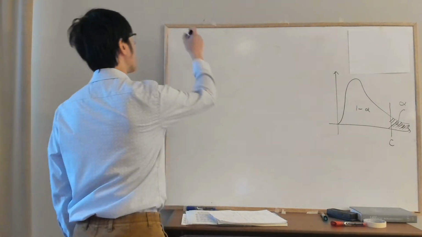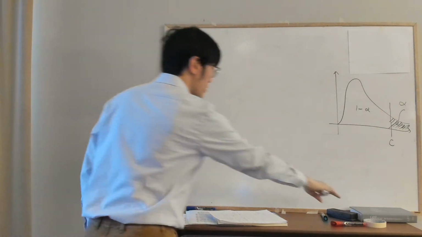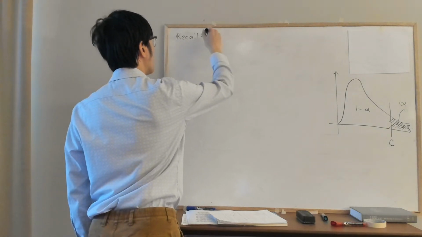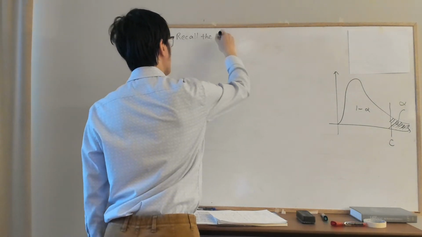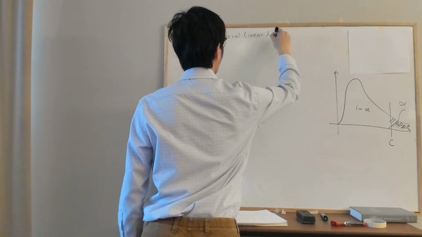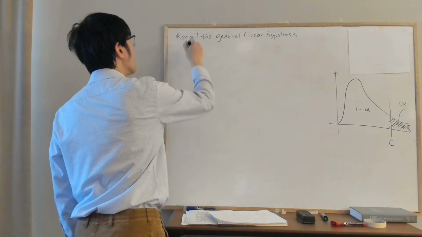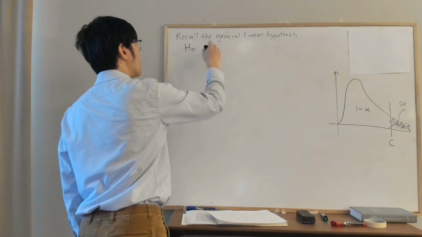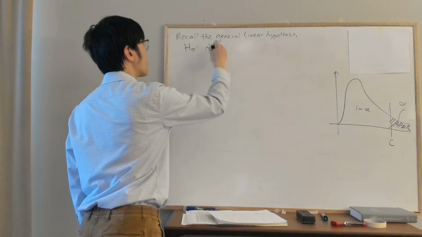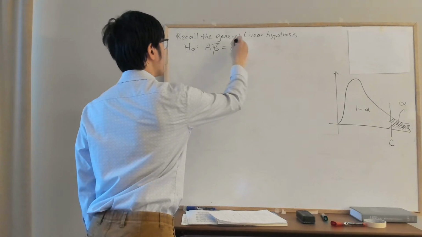So recall this hypothesis that we discussed right before the break, the general linear hypothesis. Null: we have a matrix of constraints A times the parameter vector, testing whether that is 0.